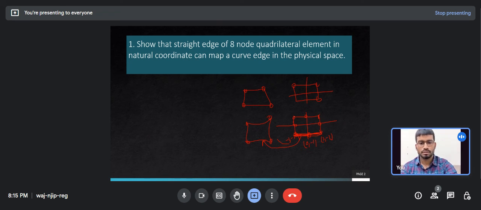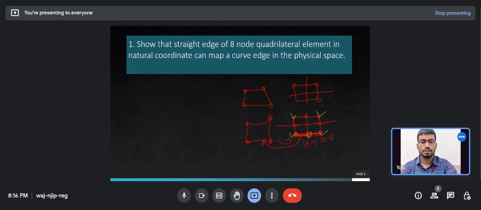So here first we have to determine the shape functions, and in the previous sessions we have seen how to determine the shape functions, right? And for this type of element, we have seen that the shape functions for the nodes lying on the edge are very easy to determine, right? And with the help of these nodes, we can determine the shape functions of the nodes lying on the corner of the 8-noded element.